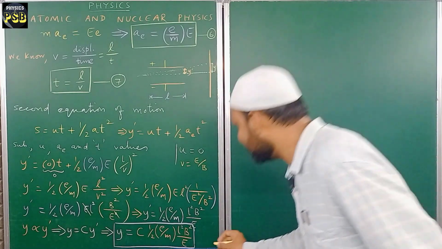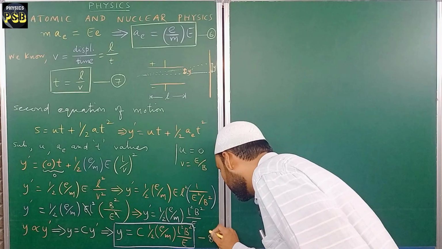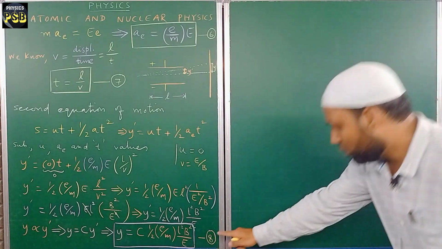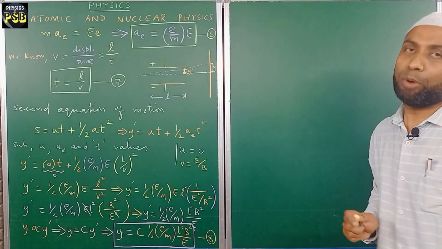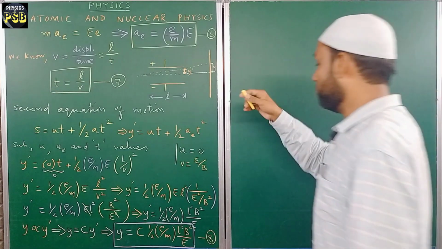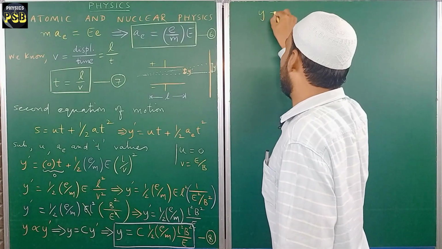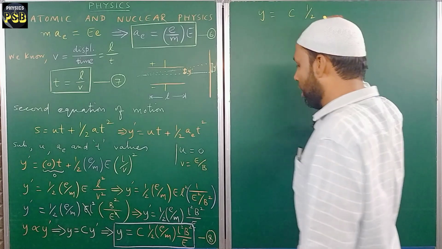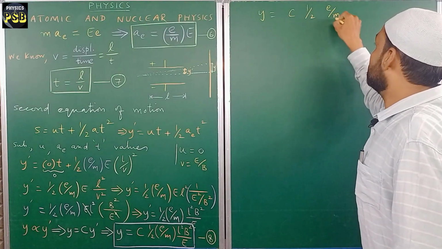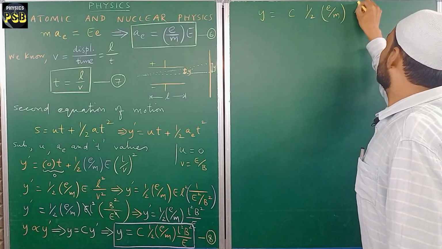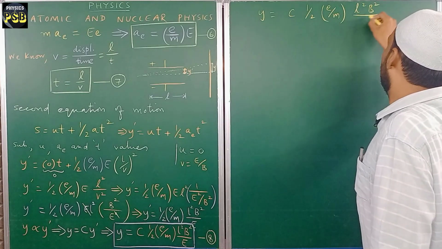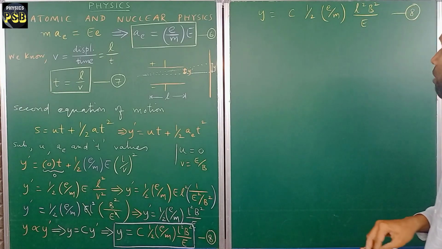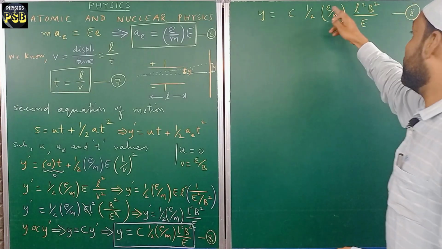Before doing so, I named this one as equation number 8. So I will make a small modification to equation 8 to get the value of e upon m. Let me write this here as such. Y equals c multiplied with half e upon m, L square B square upon E, is equation number 8. Now our aim is to get the value of e upon m.